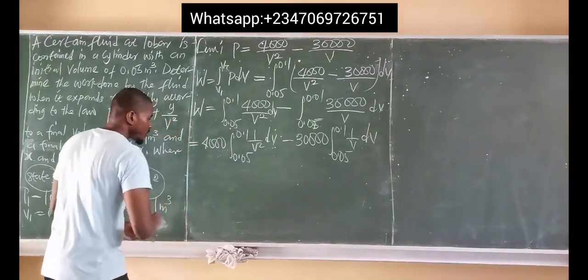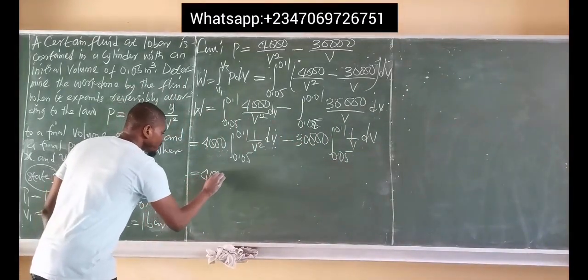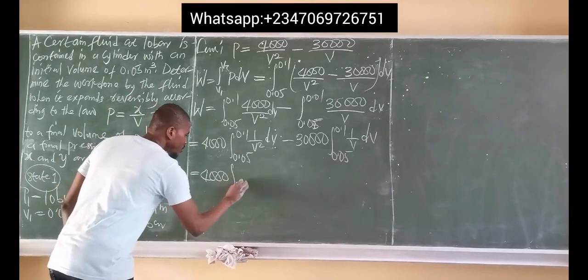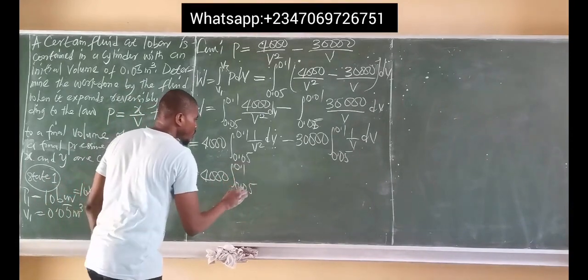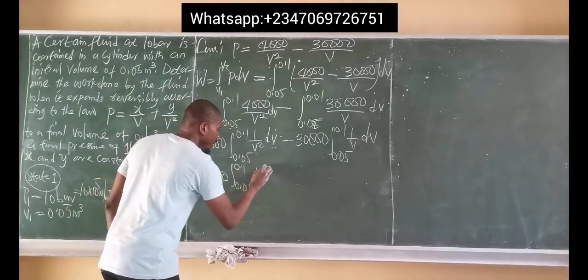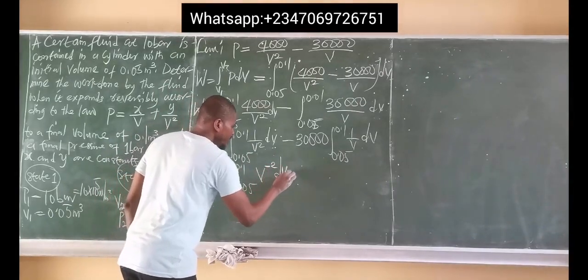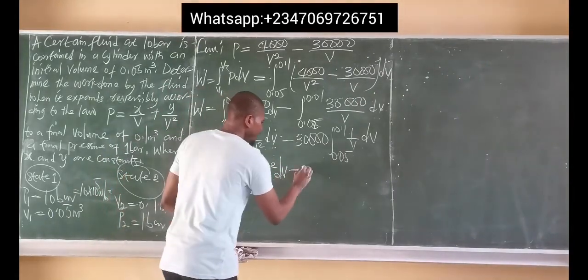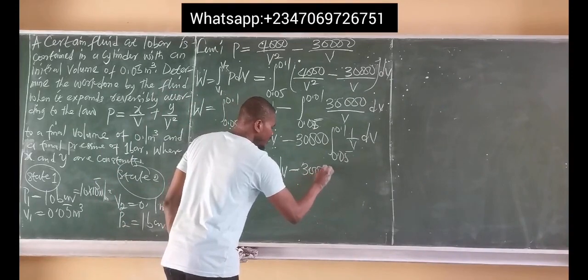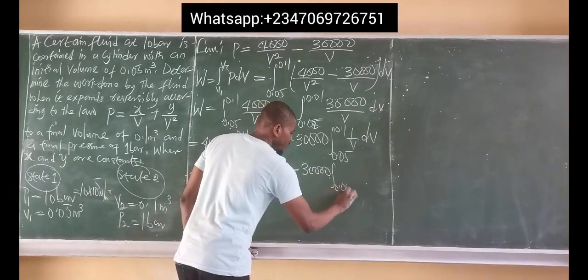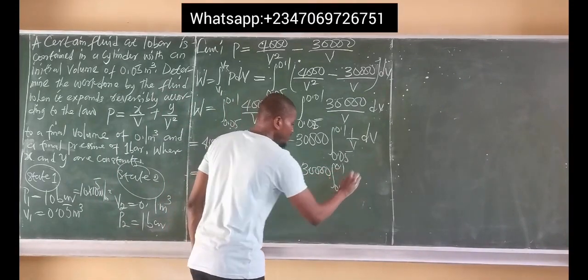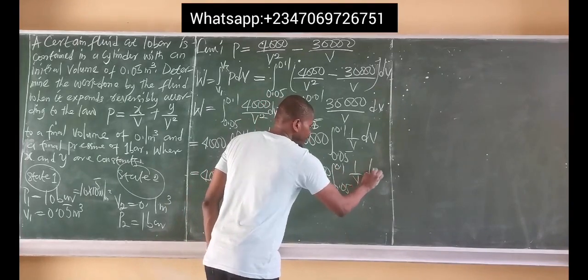So this simply becomes equal to 4,000 integral from 0.05 to 0.1 of v to the power of minus 2 dv minus 30,000 integral from 0.05 to 0.1, keep it as 1 all over v dv.